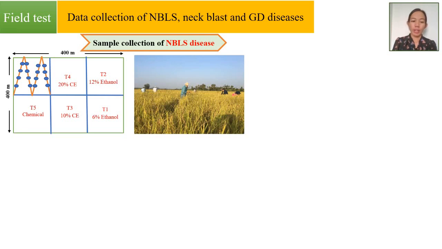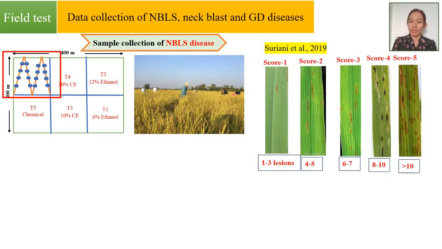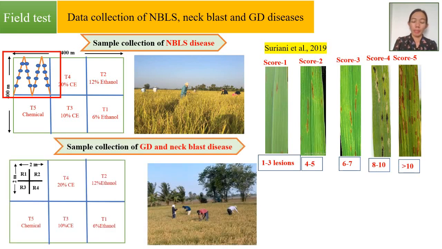By walking across the rice field in an N-shaped or zigzag pattern, 48 flag leaves were collected from 60 places, 1 place for 3 flag leaves, and then the severity of the disease was checked according to the 5 rating score, score 1 to score 5, very mild symptom to very severe symptom, by checking on the fresh leaf. And then the sample collection for GD disease and neck blast disease was done 110 days after sowing.